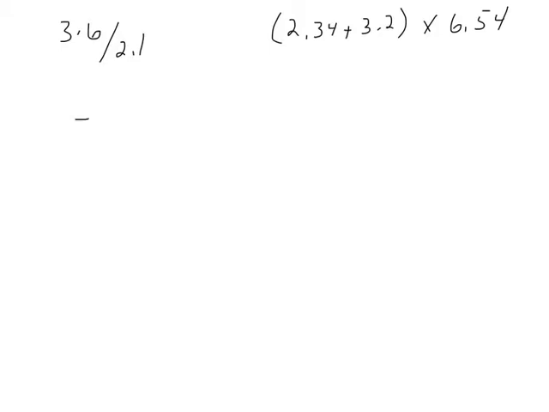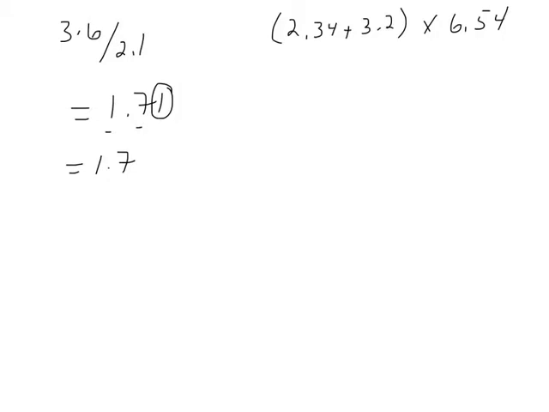So 3.6 divided by 2.1 is equal to 1.71. Now, I only need 2 significant figures, so I'm going to take a look. I've got 1, 2, and that next digit that's going to be dropped is less than 5, so I keep it as 1.7.